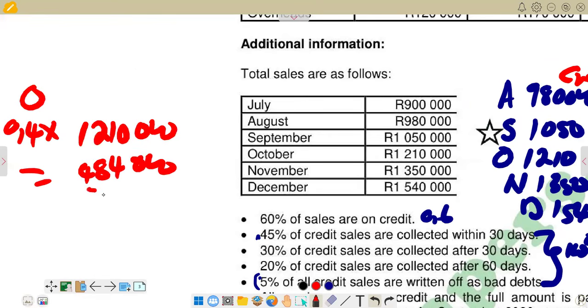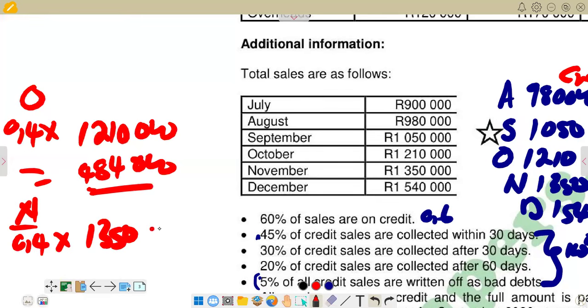Then we do the same for November. So for November, we are saying 0.4 again, multiplied by the total sales for November, 1,350,000. And then for November, the answer that you are getting there is 540,000.